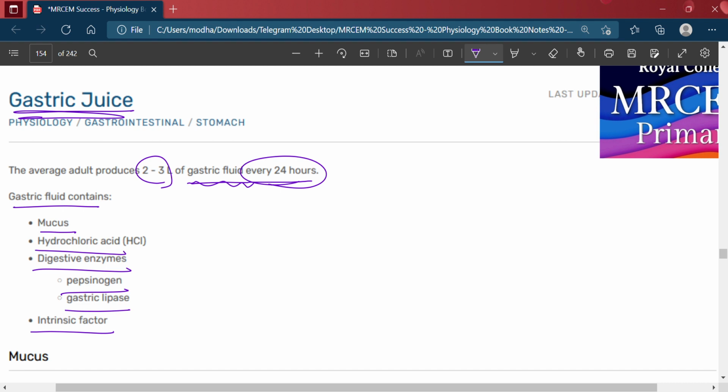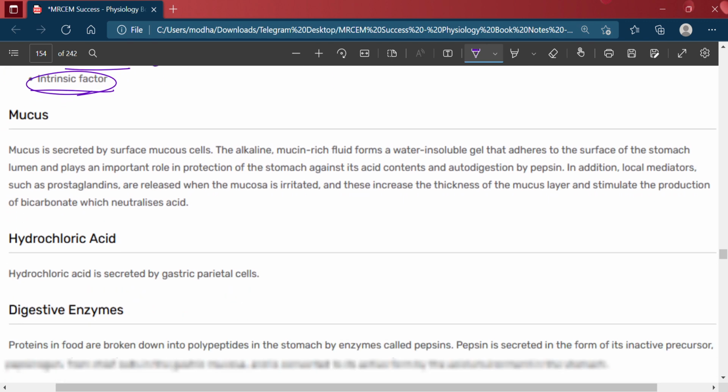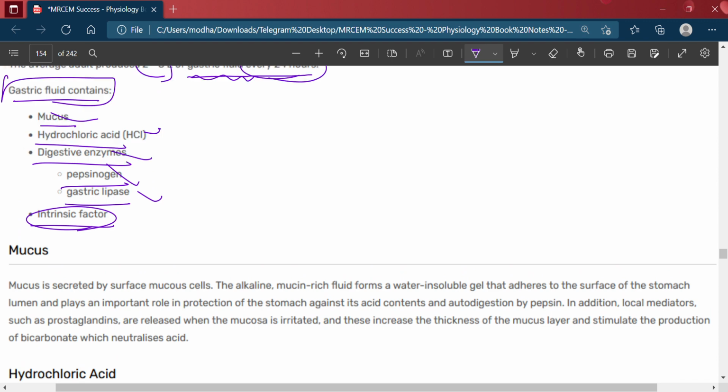We will see all the contents of the gastric fluid in detail.